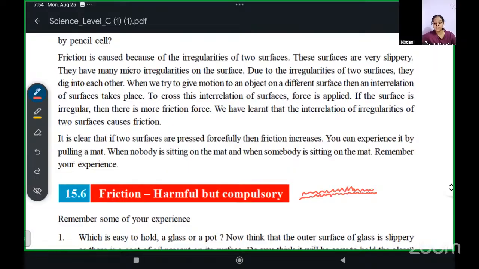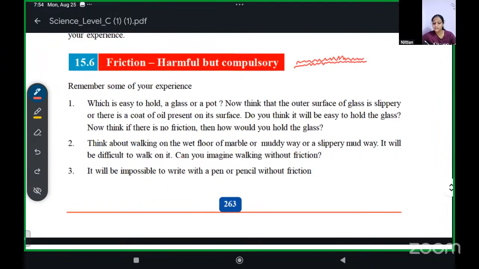The friction increases. The friction increases because both are irregular surfaces and it actually helps them to create that grip on the ground while they run, while they race. Now, friction: harmful but compulsory.